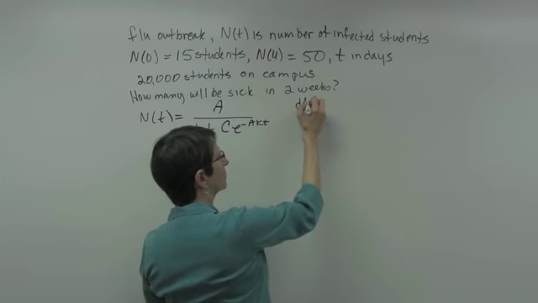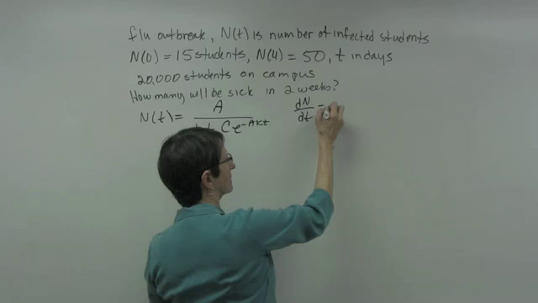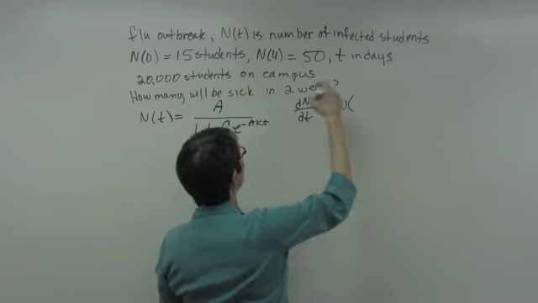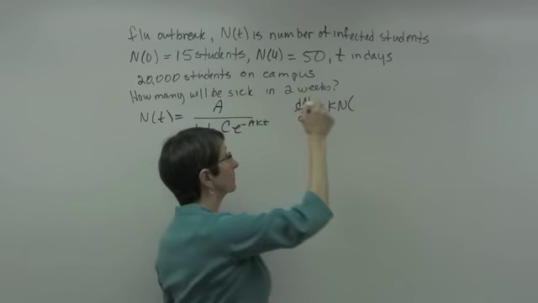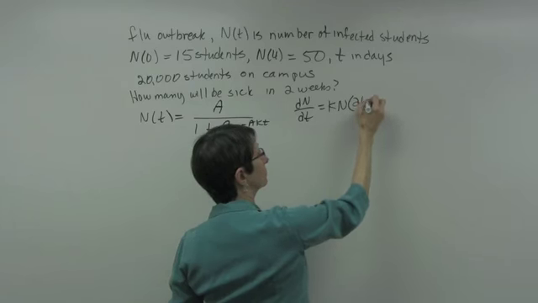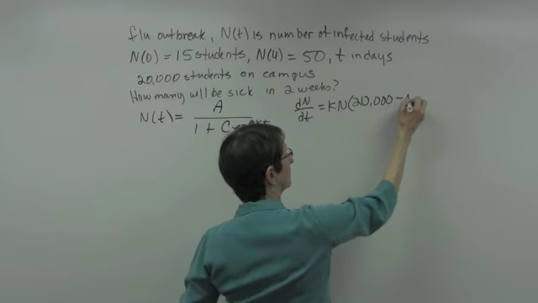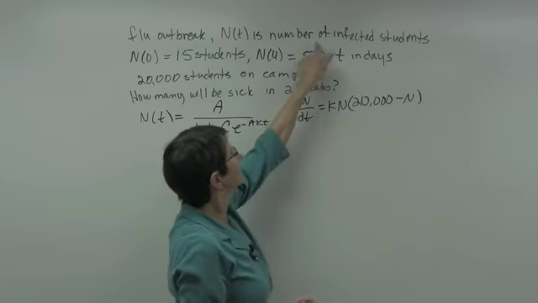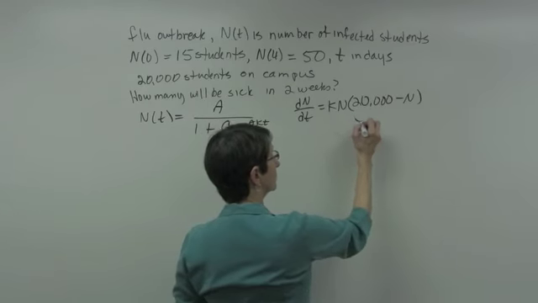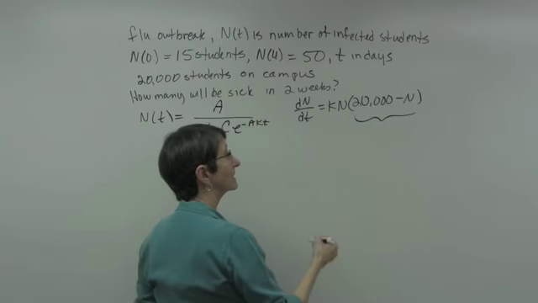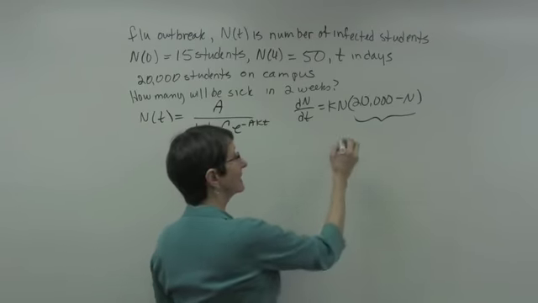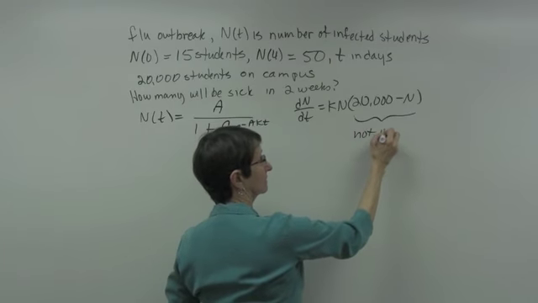When I wrote the differential equation, one thing I want to point out: the A, the upper bound, is the 20,000 students. So if N is the number of infected students, 20,000 minus N is the number that are not infected.